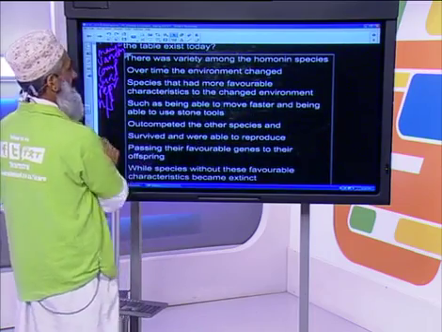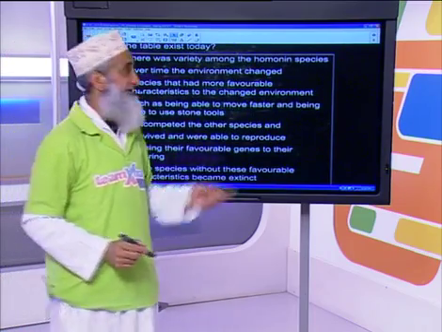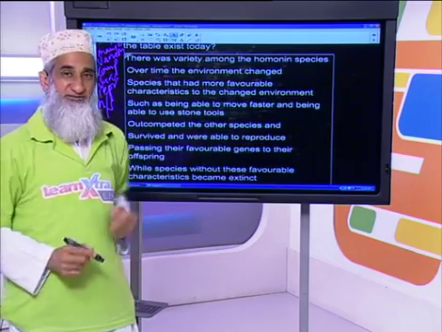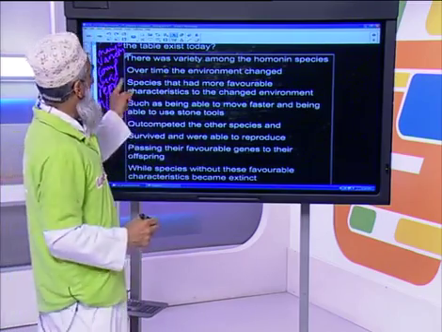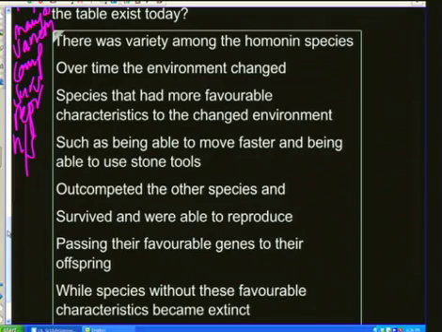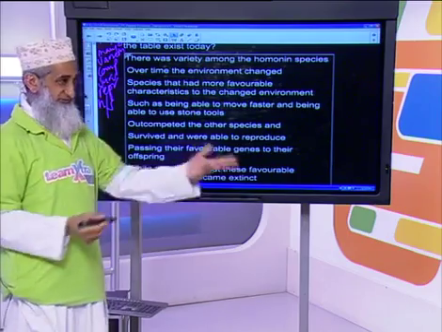So what are we saying? First of all, there was variety among the hominin species. Over time, the environment where we're living in changed. Obviously we can put here there was competition between the different species.